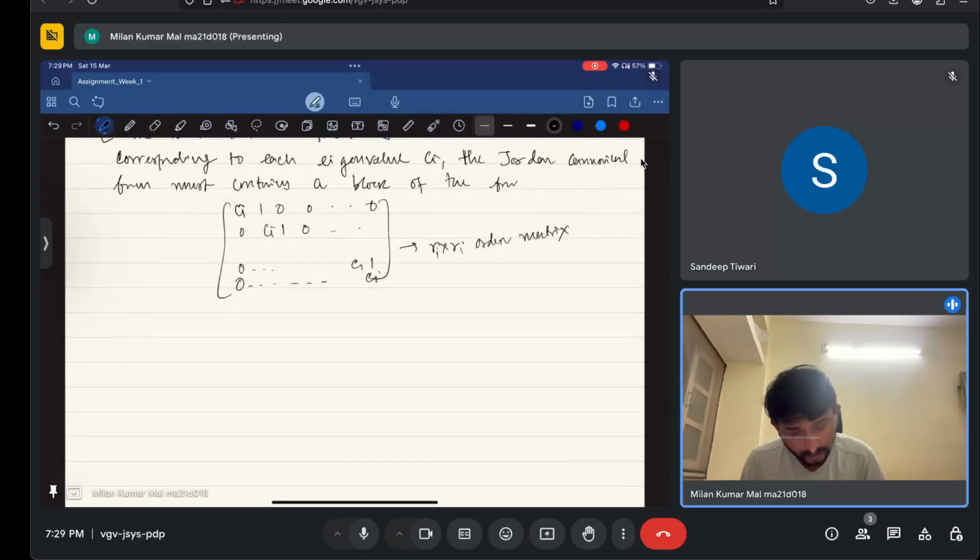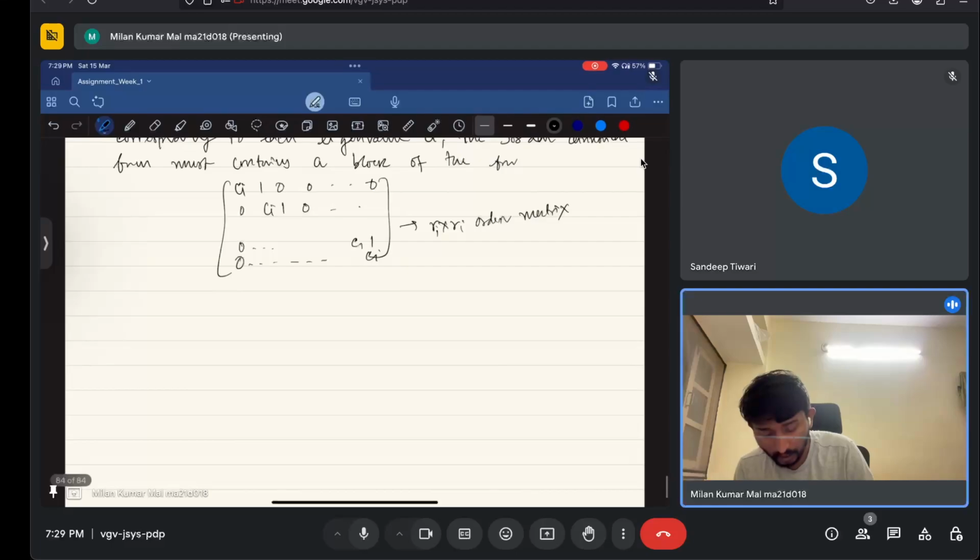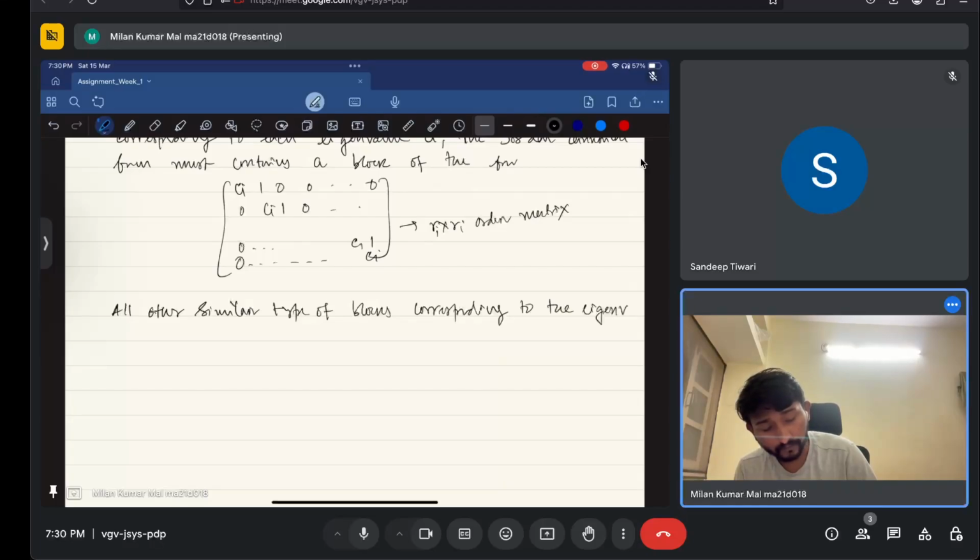Corresponding to each eigenvalue Ci, the Jordan canonical form must contain a block of this form. That is the first thing. And all other similar blocks corresponding to the eigenvalue Ci must have order less than or equal to Ri.